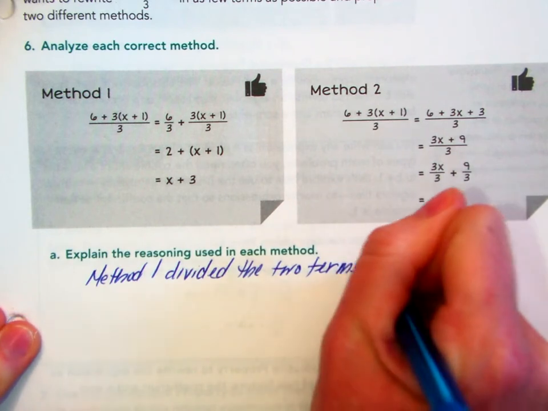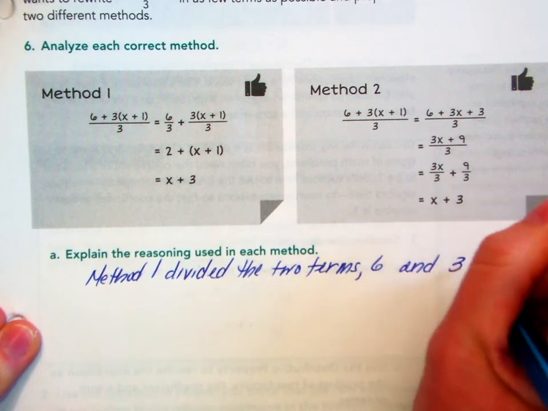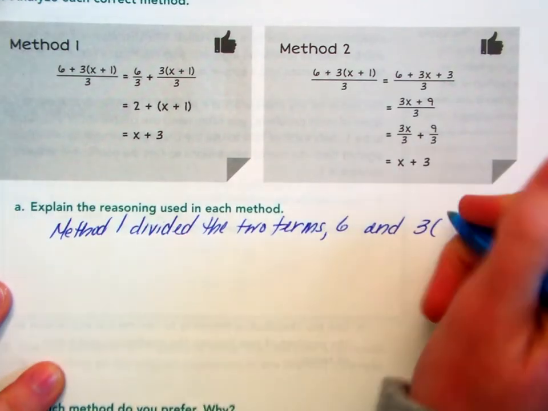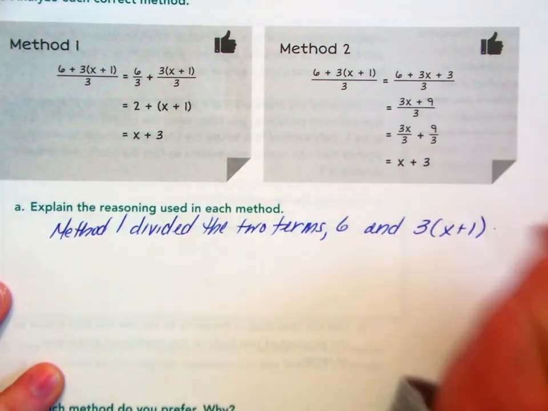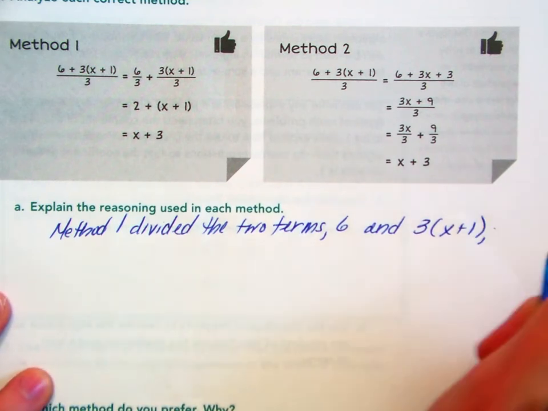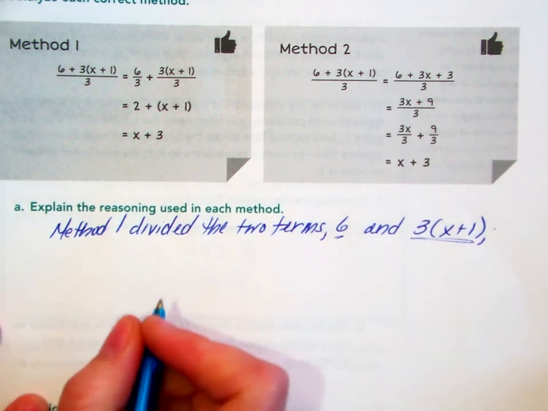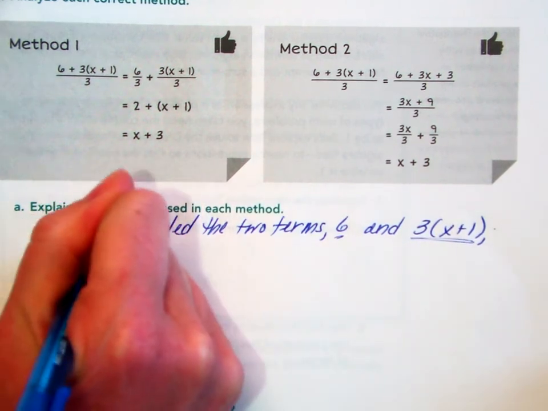The 2 terms being 6, and they're calling 3 times the quantity x plus 1 its own term. It says this is a term, and we divided each by 3.